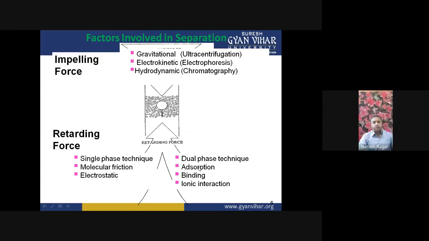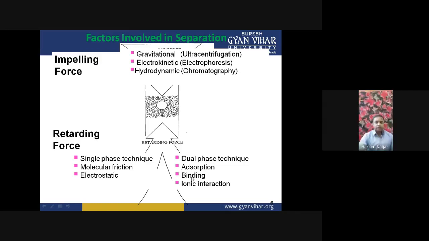If the adsorption of the component with the stationary phase is greater, they will be retarded by the stationary phase. Second is binding of the molecules with the stationary phase.